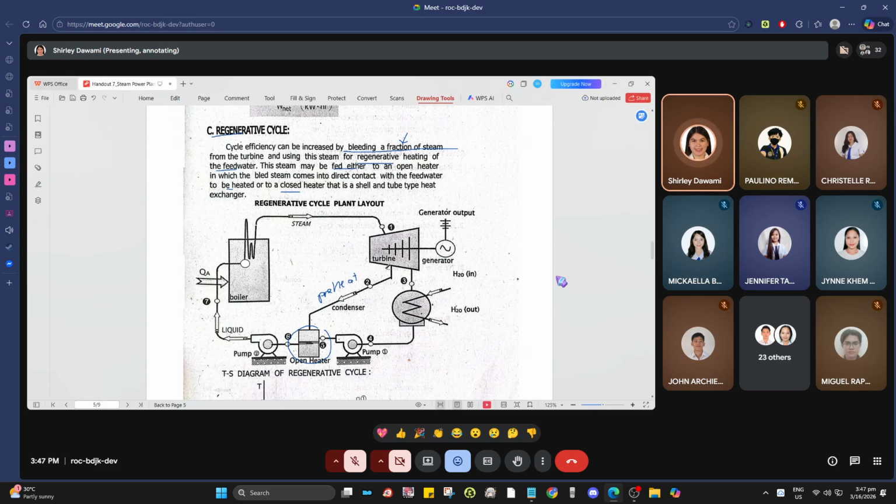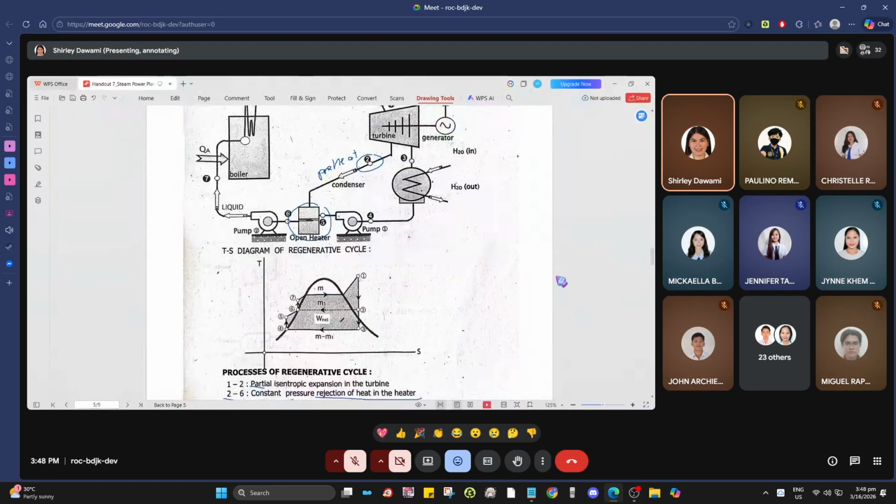If we verify on the TS diagram, it is in the superheated region. So this steam is used to preheat the feed water, which is then pumped to the boiler. So it is a constant pressure rejection of heat in the heater.